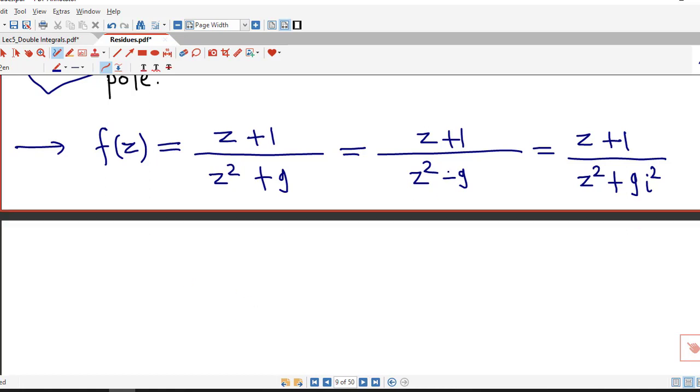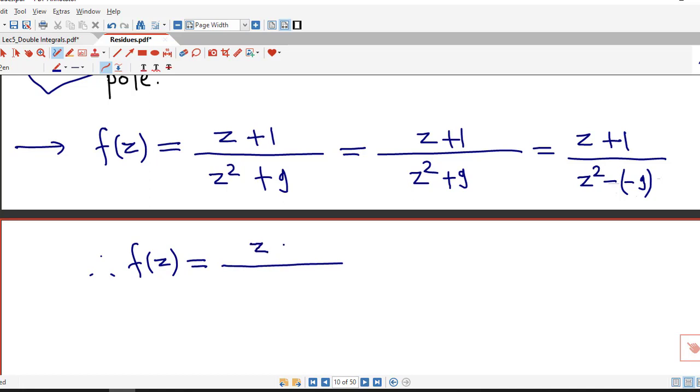Now we replace minus 1 by i square, so this we can rewrite as z square plus 1, z square minus 9 into i square, because i square is minus 1.